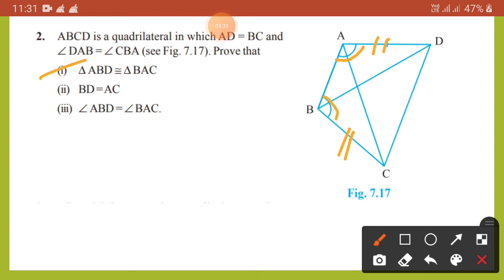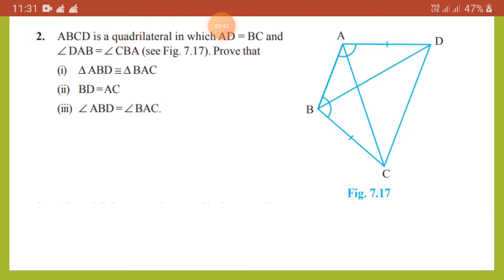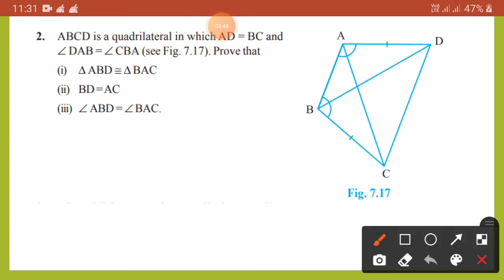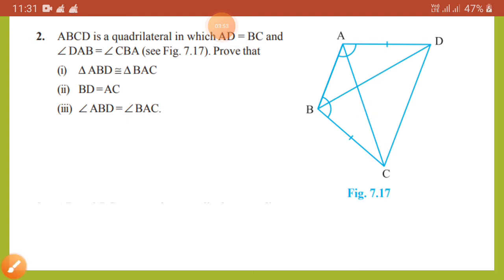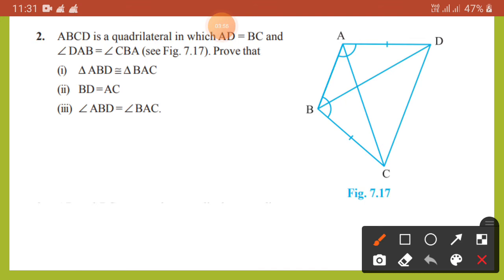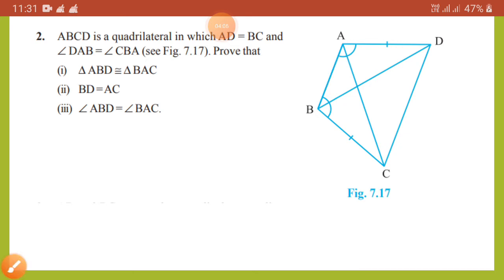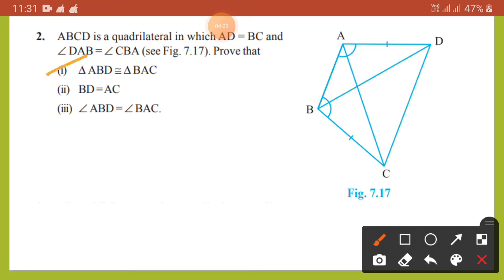We have to prove first that triangle ABD is congruent to triangle BAC. Then we have to prove BD is equal to AC. And at last we have to prove angle ABD is equal to angle BAC. So now we are doing the first.